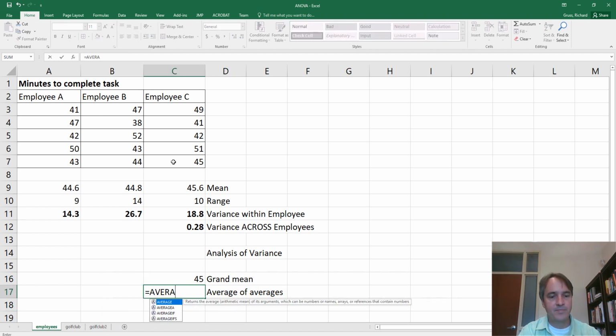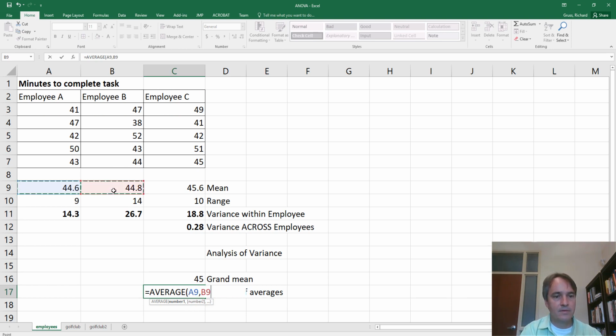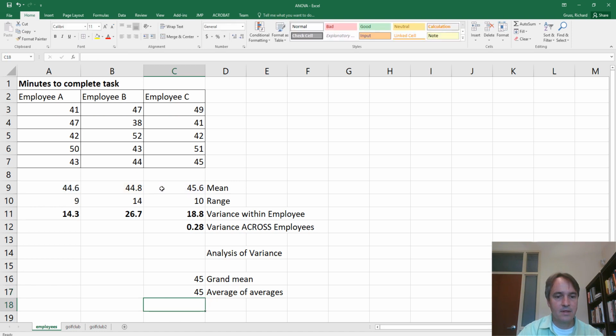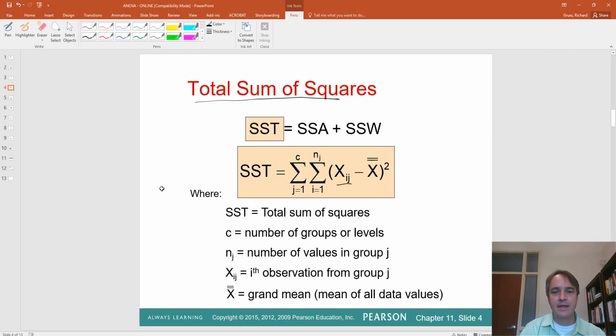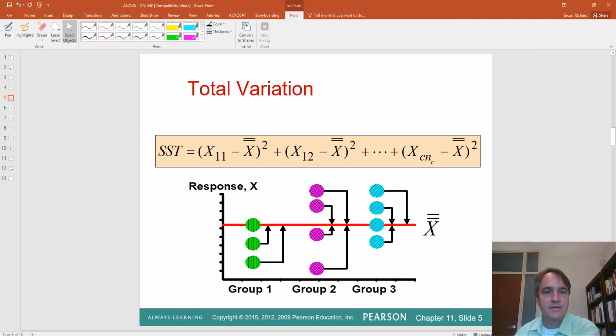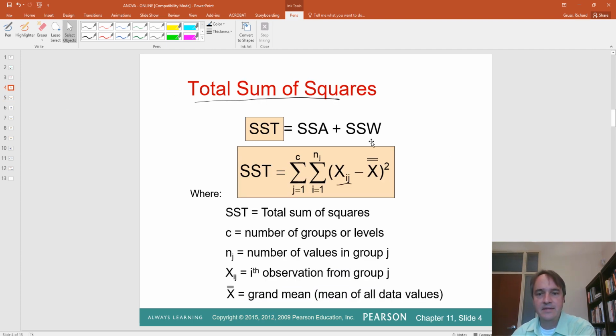Now I can just take the average of these three numbers, and it's the same. The average of averages and the grand mean are the same thing. It's also called the mean of means, or grand mean.